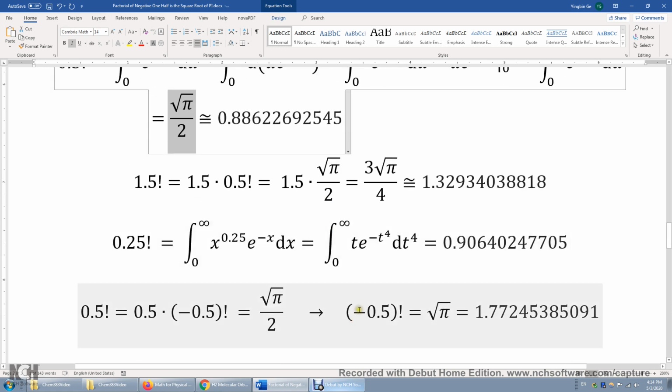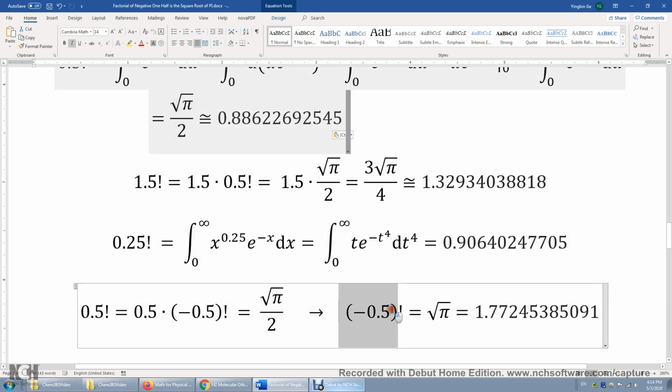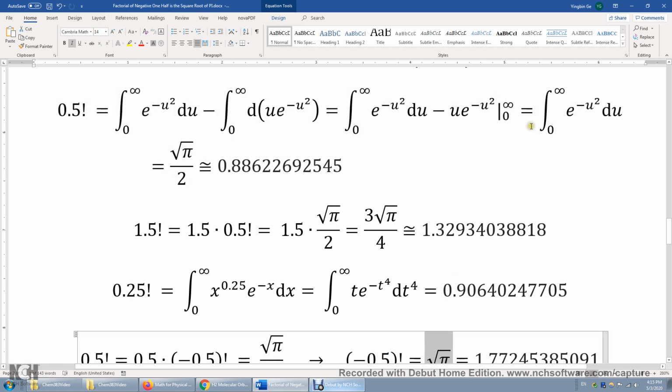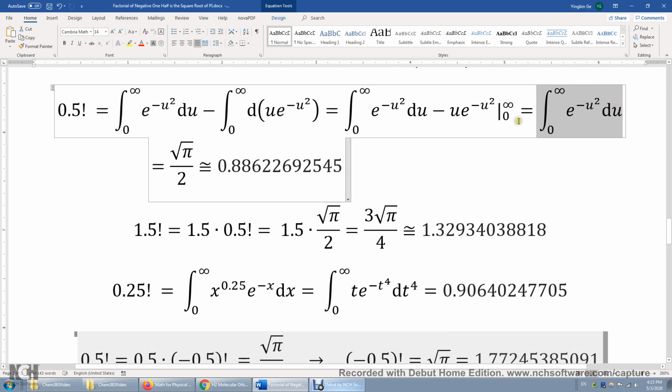And then, therefore, the factorial of negative 1/2 is, well, over here, this guy is square root of pi over 2 times 2. It's square root of pi. It's 1.772 approximately. So now we just proved that the factorial of negative 0.5 is the square root of pi. The only thing we didn't do is we need to evaluate this Gaussian function.